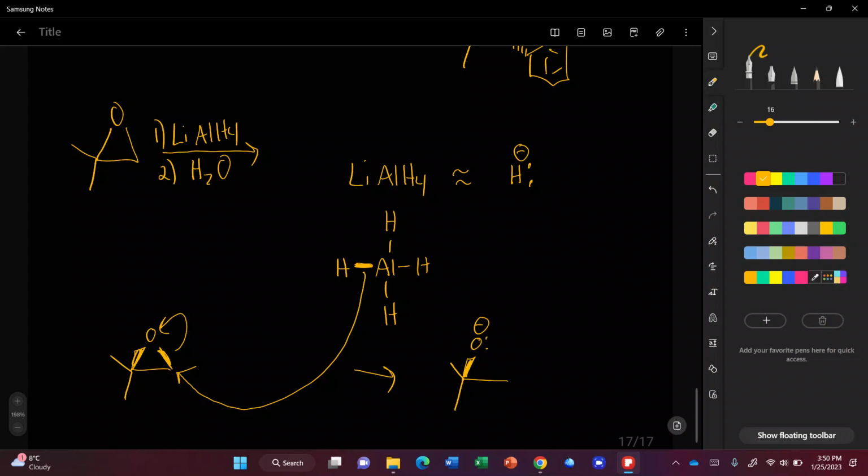And then this is just an implied hydrogen, so I'm not even going to draw it. And then in step 2, I put in my water, yada yada yada. Bam, bam. And it's a way for me to get just one alcohol now.